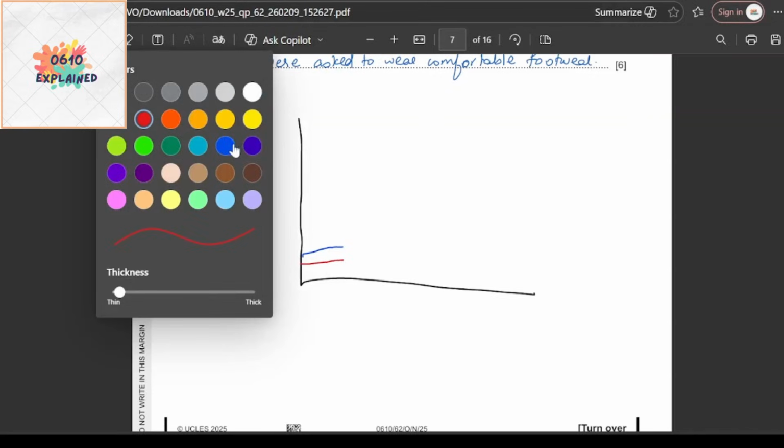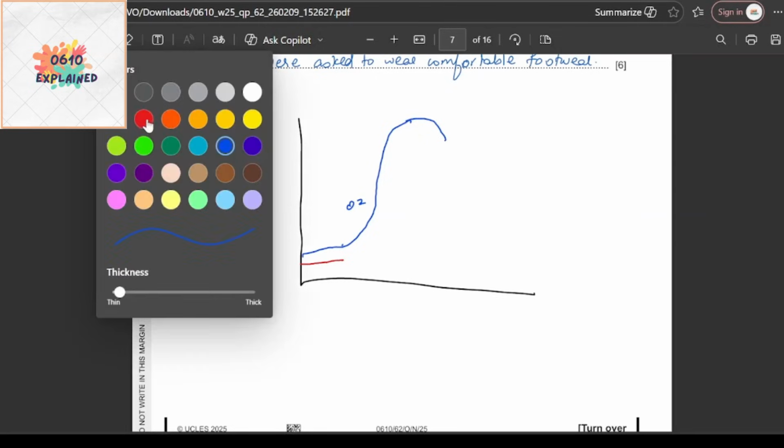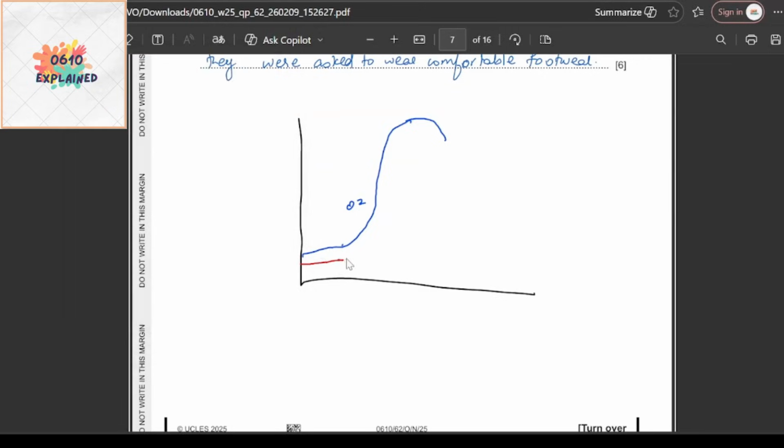As the level of oxygen increases during the exercise, there will be one point where the body will not be able to take in any more oxygen. Okay, and at that point of time, lactic acid is also increasing, and at one point the level of lactic acid will increase, and this is called the oxygen debt.